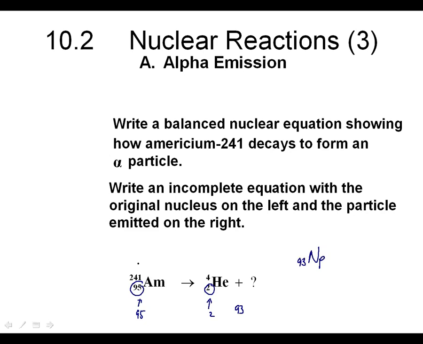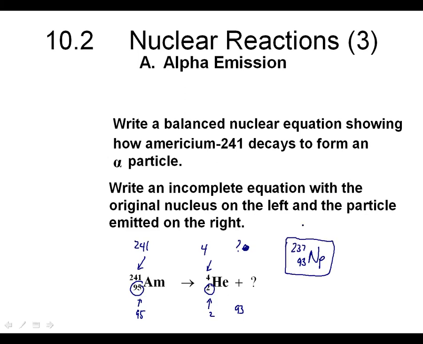Now for our mass number here, we got 241 on the left. We have 4 on the right. To figure out what we're missing here, I won't put 0 there, we'll go question mark. We basically just want to take 241 minus 4, and that gets you 237 for our top number there.